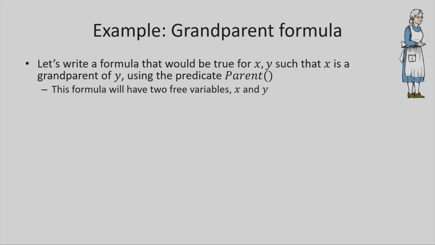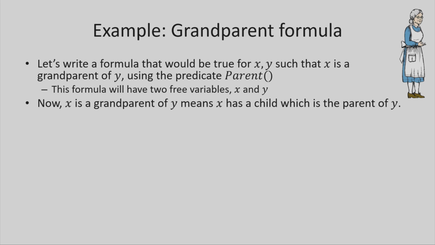So let's do the formula. So we have two variables X and Y, and we could use parent of whoever as many times as we like, and we want to write something that will be true when X is a grandparent of Y. So what does it mean to be a grandparent? Let's just think about it for a moment.